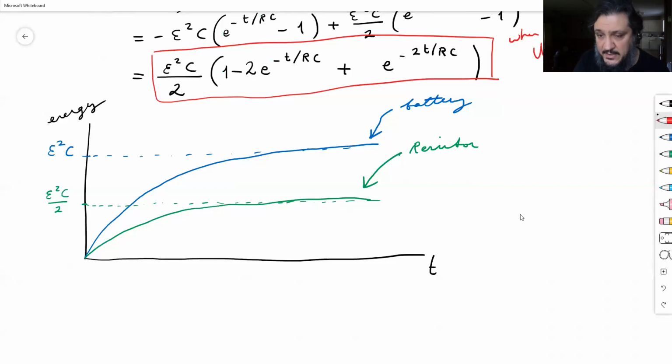You want to start at 0, you want to end up there. Probably my drawing doesn't look like the computer, but it's going to look like this. It's going to increase like this, and then quickly turn, and then come like that. Okay, so that is the energy stored in the capacitor.